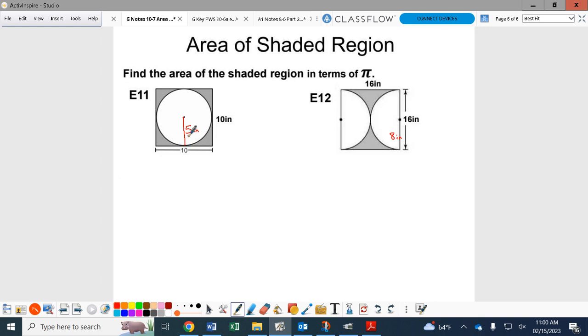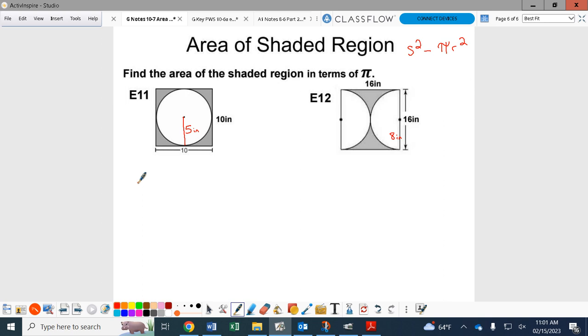Is it whited out or is it shaded in? Whited out. So if it's whited out, do you add or subtract? Subtract. So we're going to subtract. So it's going to be the area of a square, guys. The area of a square formula is side squared. And we're going to subtract the area of a circle, which is pi r squared. That's not anything new. We've done both those formulas before. The only difference is that you need to know to subtract them.